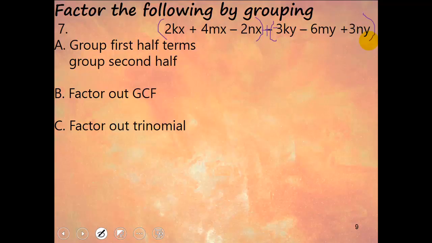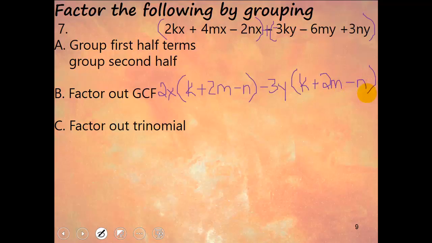I'm going to factor out of the first 3 terms a 2 and an x, and that's going to give me k plus 2m minus n. And then I'm going to factor out a negative 3 and a y, and that's going to give me positive k plus 2m minus n, and now I have a match.